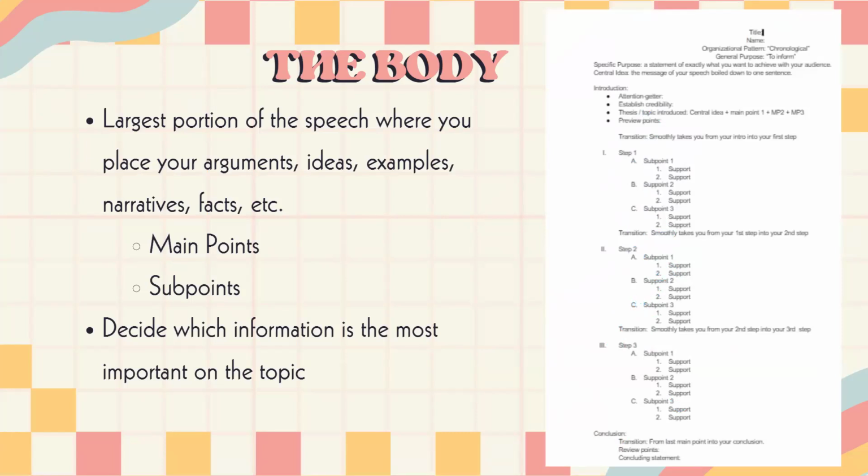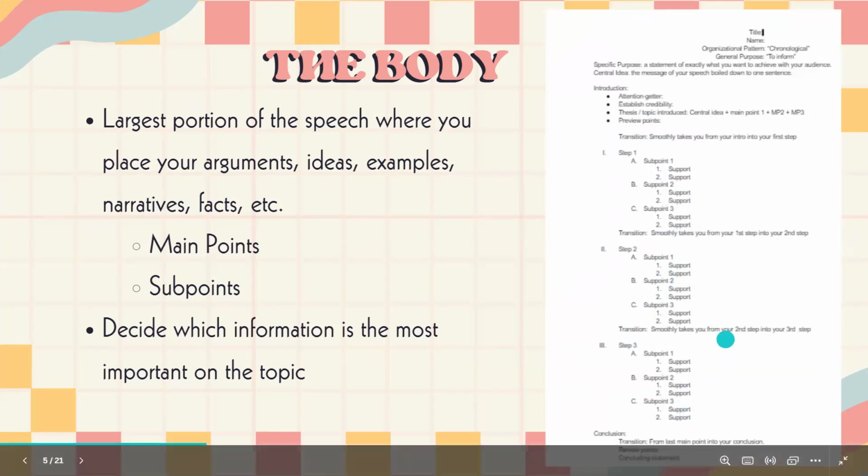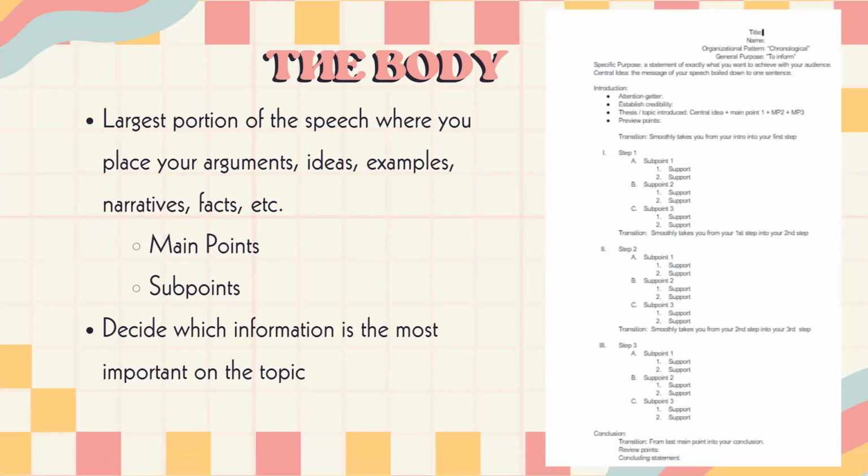For your demo speech, it will probably be more than 5 points because there are a lot of steps depending on how you break it down. But then again, these subpoints here will tell you where you need to build your argument more, right? So, say in an informative speech or persuasive speech, this one is fully built out.